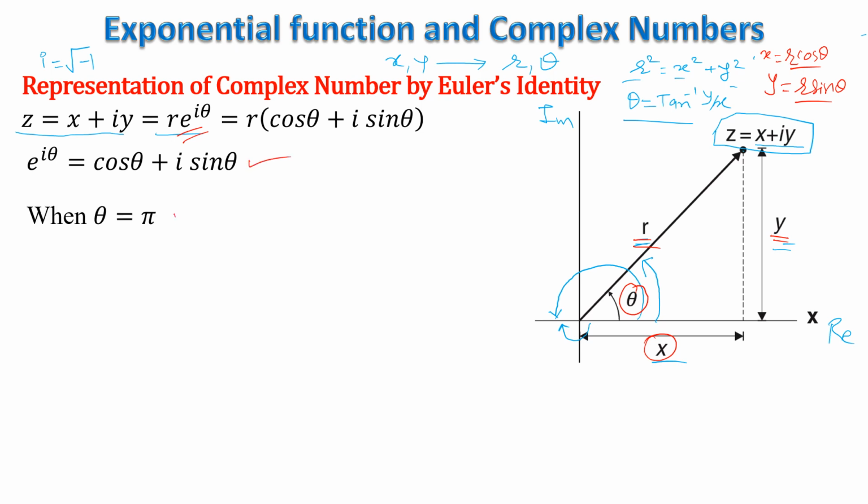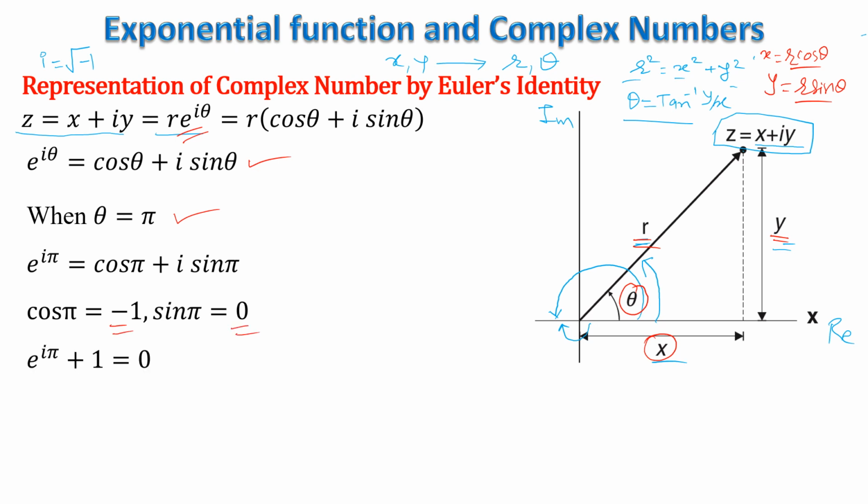When theta is equal to pi, e to the power i pi will be cos pi plus i times sin pi, and cos pi has value -1, sin pi has value 0. So e to the power i pi is equal to -1, then e to the power i pi plus 1 equals 0.